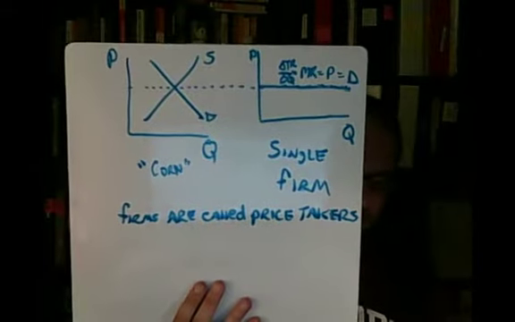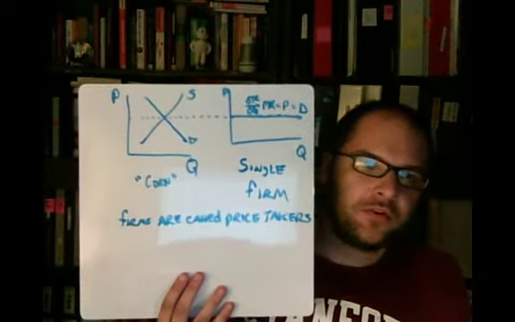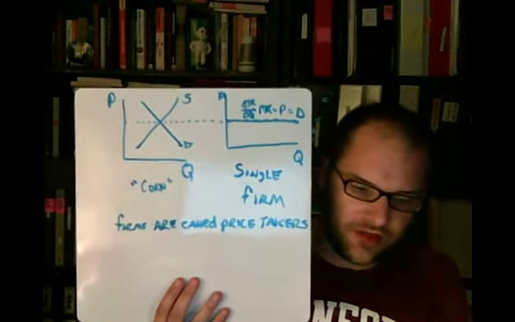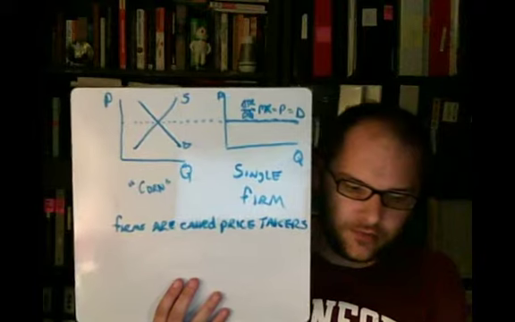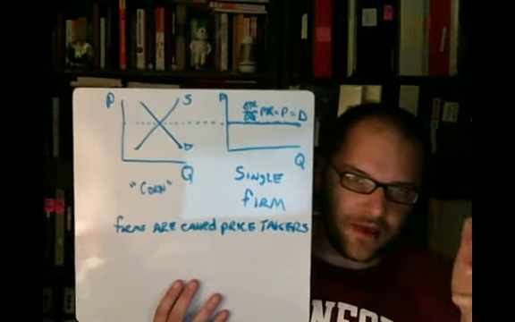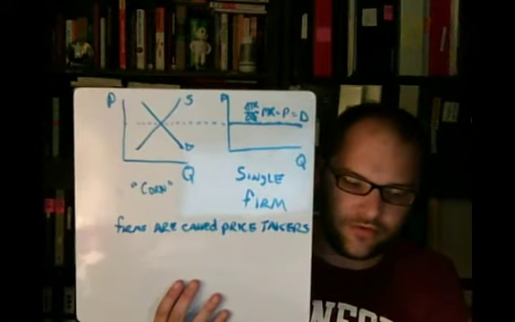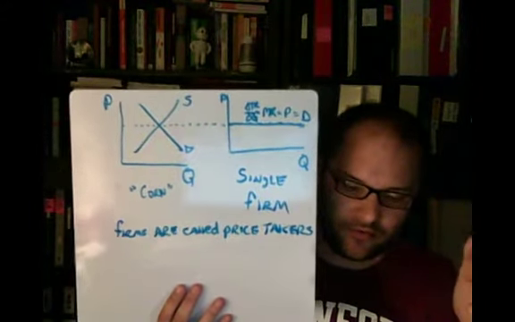Because it's perfectly competitive, every firm that sells the good, other firms sell an exactly identical good. So every good is a perfect substitute for one another. Now, take note of the fact that the demand curve is the same as the marginal revenue curve. That's not going to be the case as we look at other kinds of firms.